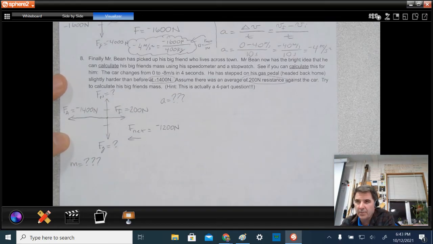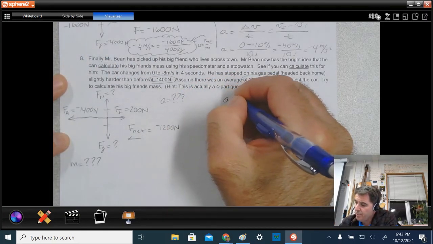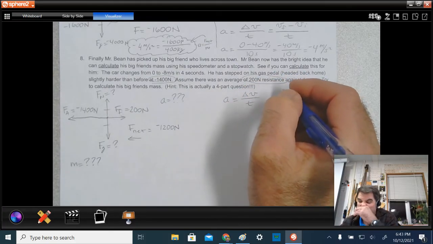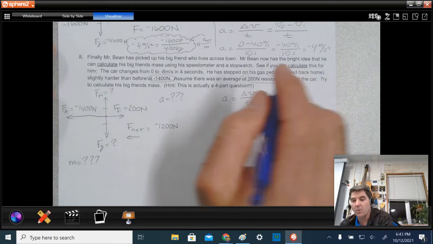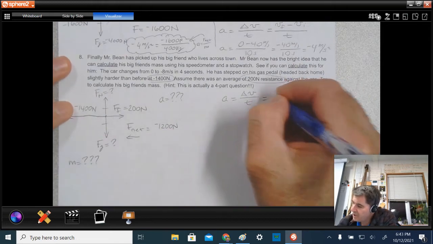You remember how with acceleration, there are 2 ways to think about it. What causes acceleration? Well, acceleration is change in velocity over time. It's the most basic definition. Acceleration also is caused by force. So what was the change in speed?